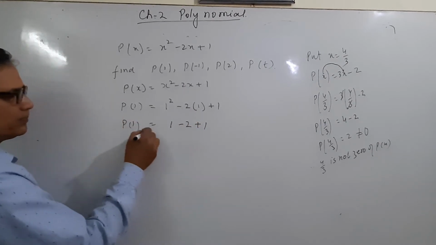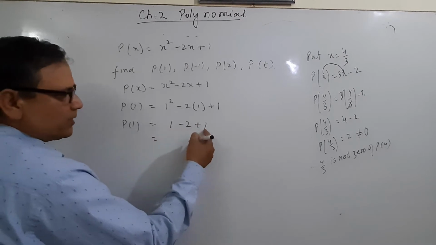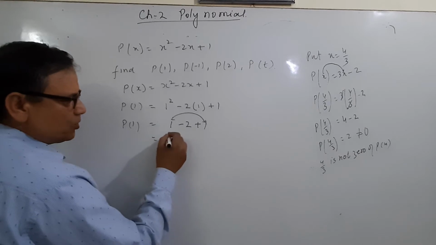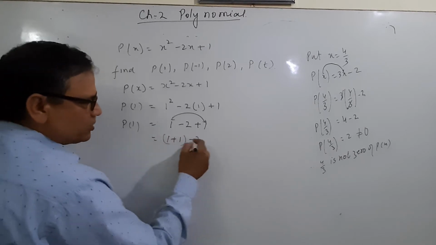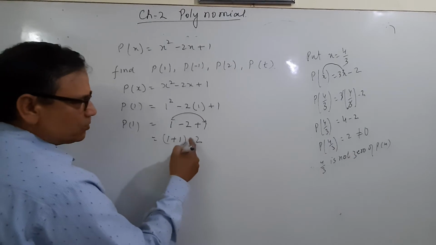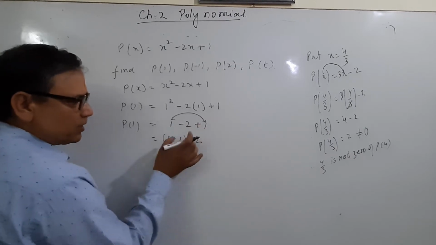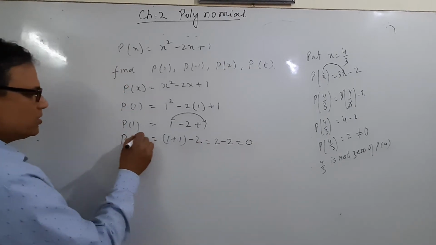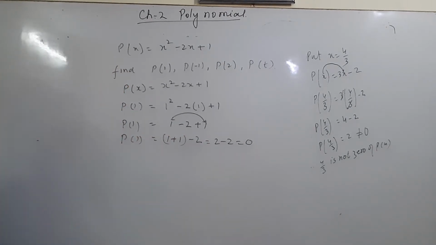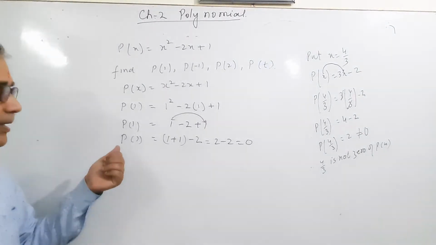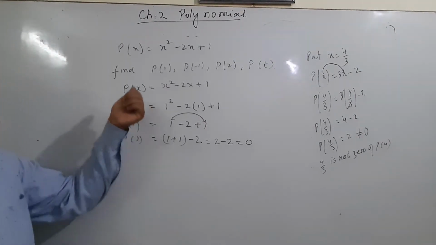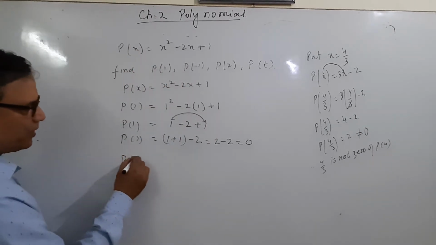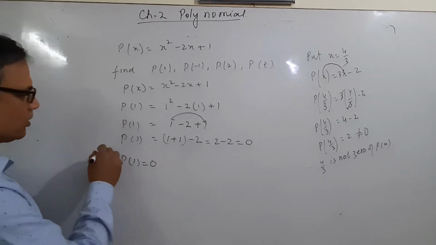The like terms 1 plus 1 add to each other, 1 plus 1 is 2. 2 minus 2 equal to 0. So P(1) is equal to 0. So the result is P(1) equal to 0, which means 1 is a zero of this P(x).